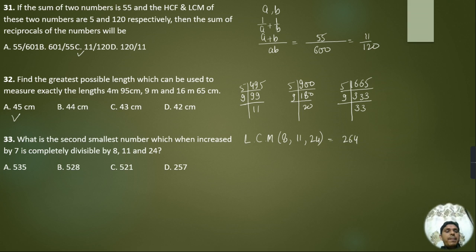What is the second smallest number which when increased by 7 is completely divisible by these numbers? So the first smallest number is the LCM. The second smallest number will be 2 times the LCM, that means 528. The number increased by 7 should be 528.